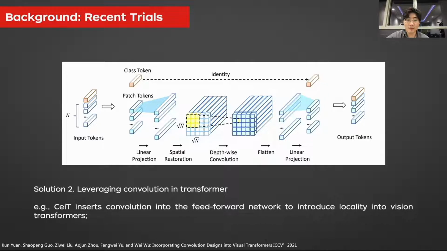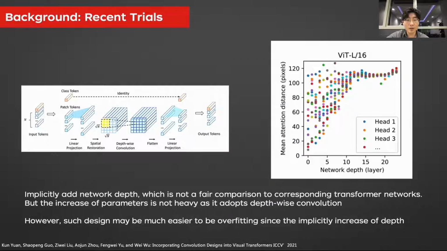However, they don't take scale invariance into consideration, which is an important inductive bias in classification, detection, segmentation, and so on. By the way, they simply adopt the sequential concatenation of the convolution and transformers, which does not consider the possibility that transformer and convolution may be complementary to each other.